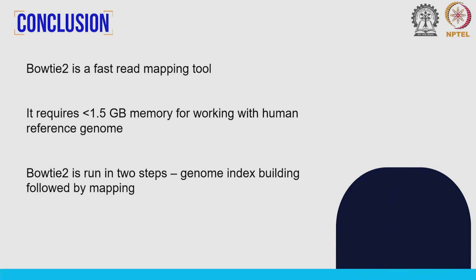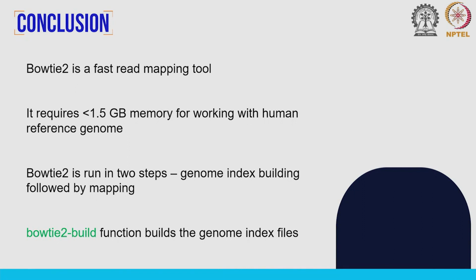In this class we have done the hands-on for the genome index building part. We have not looked into the mapping part, which we will do in the next class. What I have shown is that bowtie2-build is the function that builds these index files, and you can store them once you have created them and use them for mapping reads of that organism in future. That is it. Thank you.